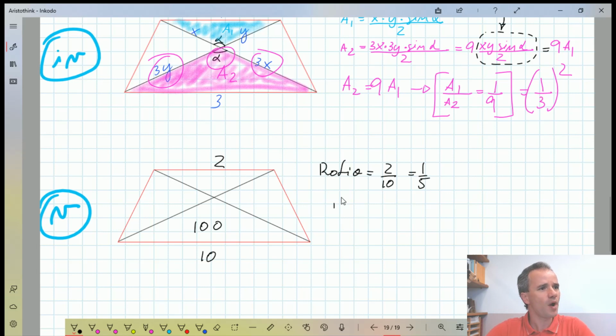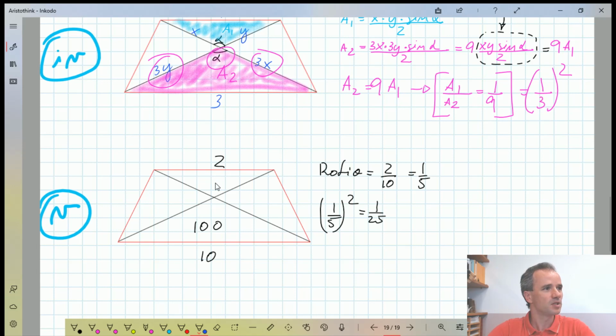Now, if we square 1/5, we get 1/25. And now we know that the ratio between this triangle and this triangle should be 1/25. So if this is 25, this one clearly is going to be what? 100 divided by 25, which is 4.